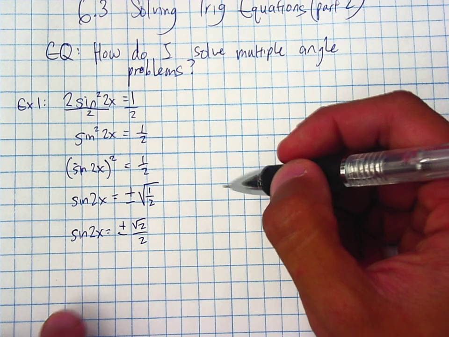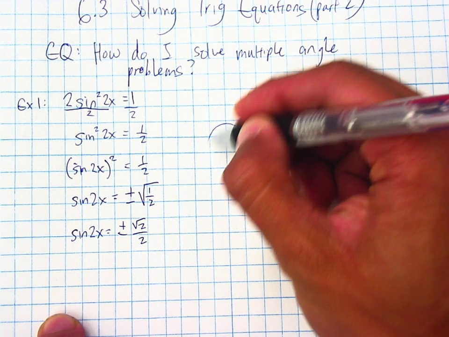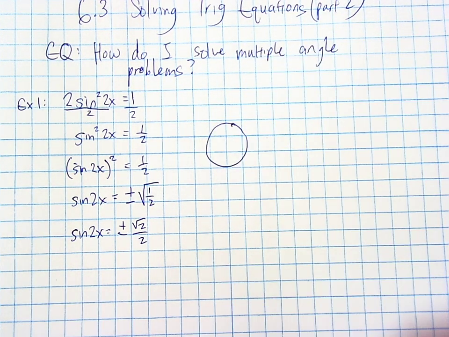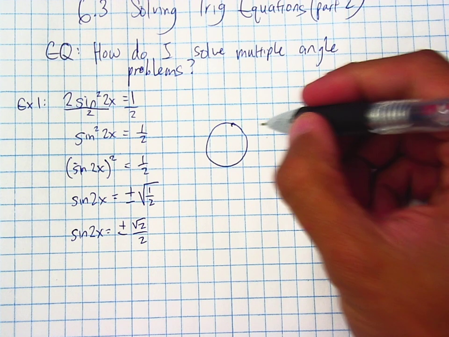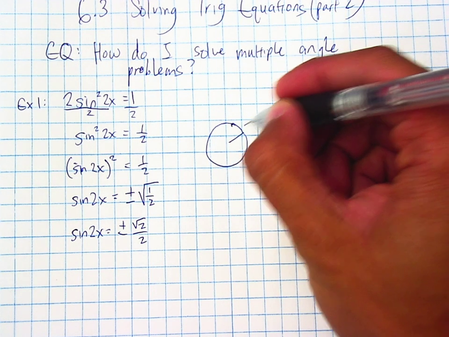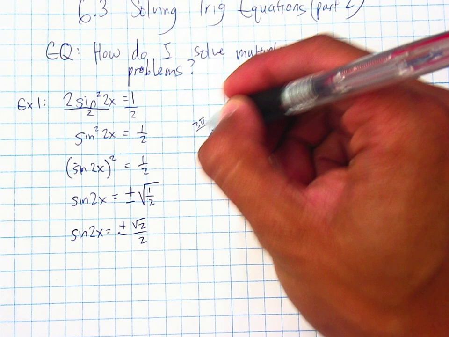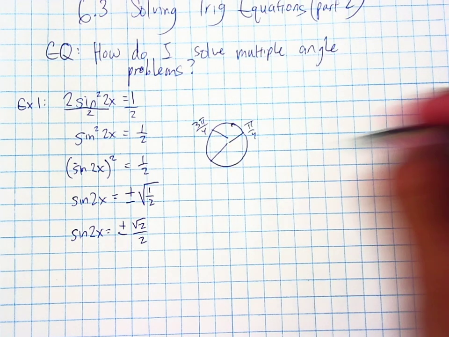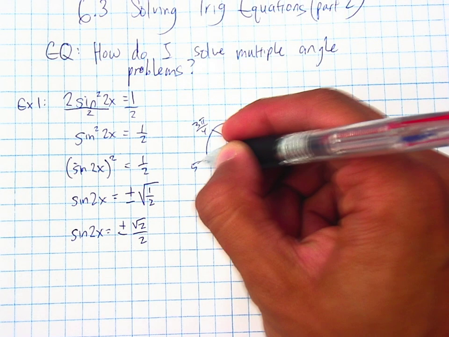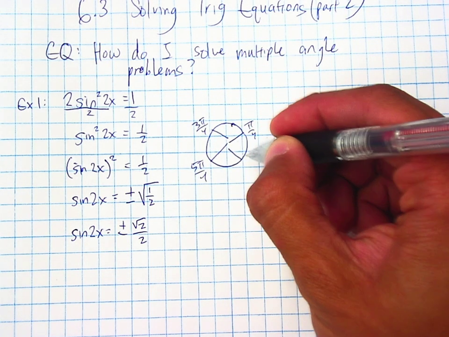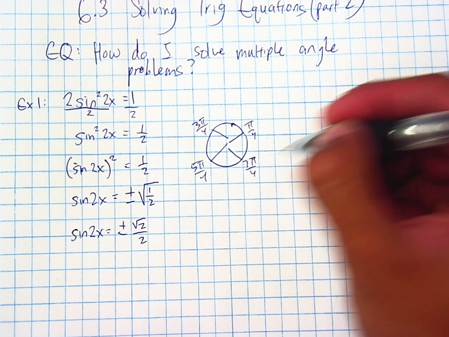And if I show you on the unit circle, just very quickly, I'll draw a unit circle. Pi over 4 is here. 3 pi over 4 is here. 5 pi over 4 is here. And 7 pi over 4 is here.